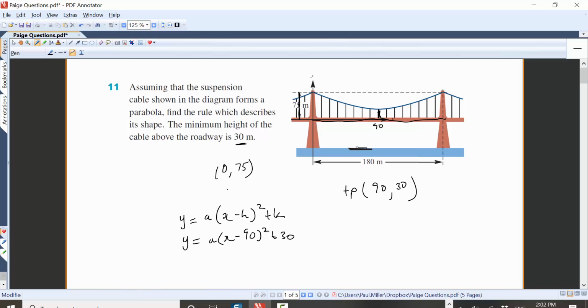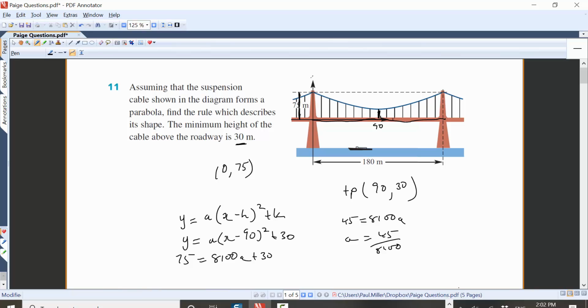Now I'm going to sub this point in here, so it's going to be 75 = a(9 × 9 is 81, 0, 0) + 30. That's going to be 45 = 8100a. a = 45/8100.